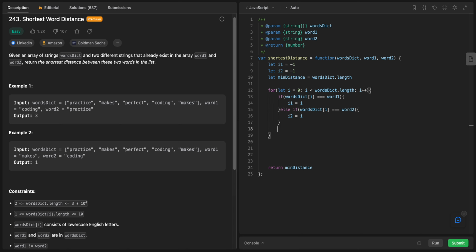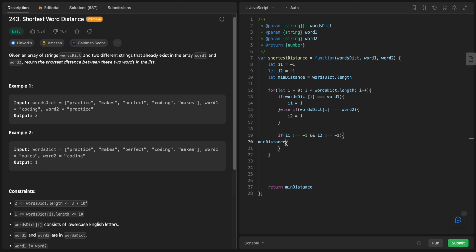And I will say if I1 doesn't equal -1 and I2 doesn't equal -1, I'm saying that if we found word1 and word2, let's update the min distance.